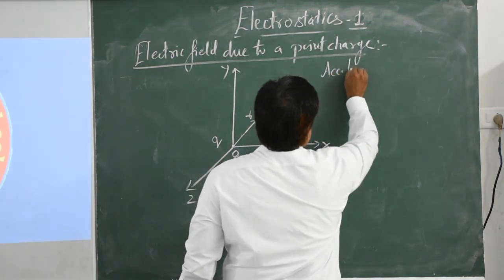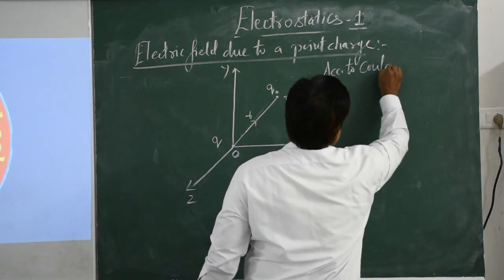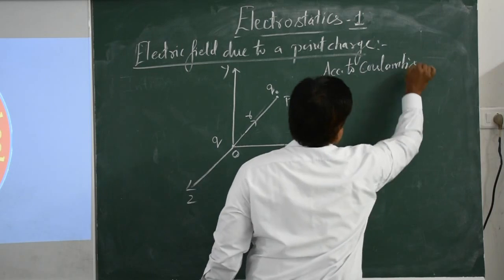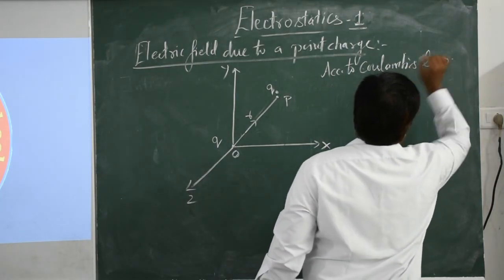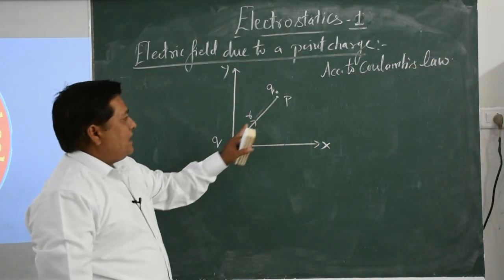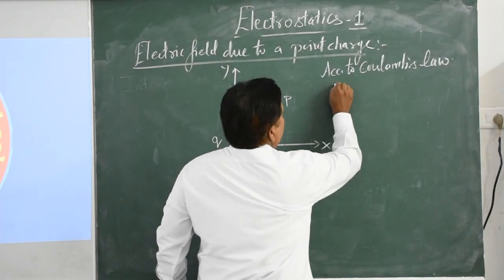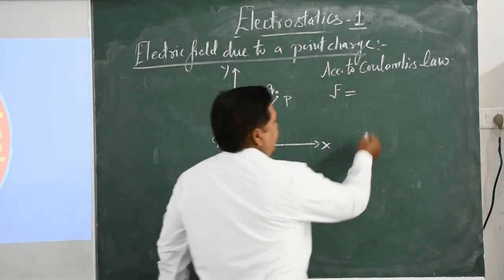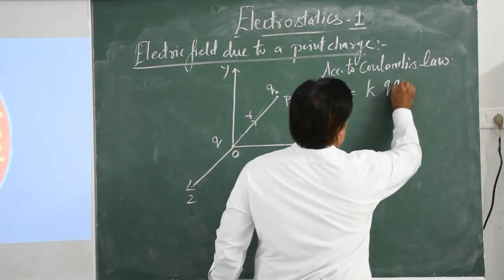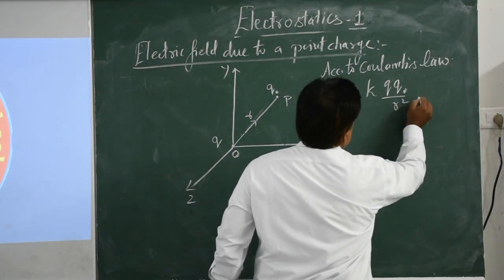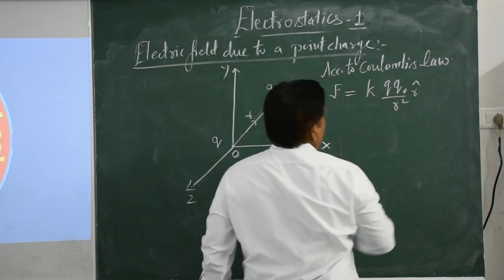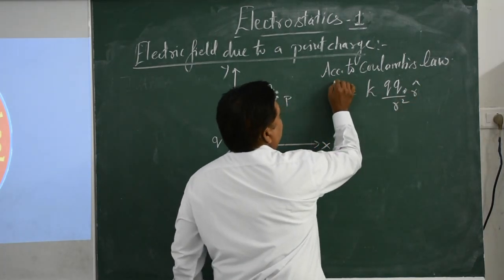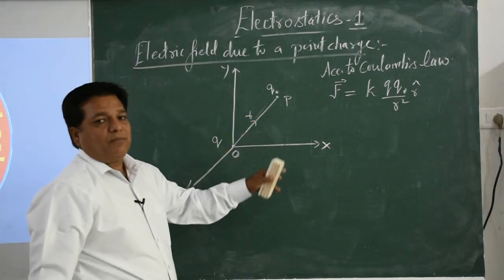According to Coulomb's law, the force between the charges may be constant k into q q naught upon r square, and in vector form also we can write with the unit vector r, and this is the force in vector form.